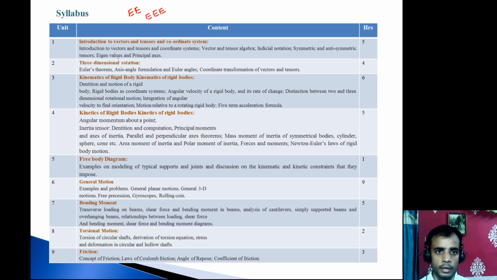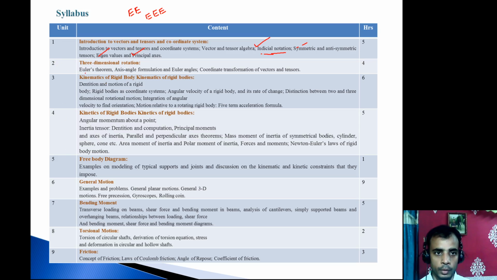So here we will basically learn about the vector and tensor and the coordinate system, the vector algebra, tensor algebra. Then we will learn about the initial notation, how we represent the vector in the form of initial notation as well as the tensor. Then we will study about the symmetric and antisymmetric tensor, eigenvalue problem, then the principal axis. Okay, so this is your module number 1.